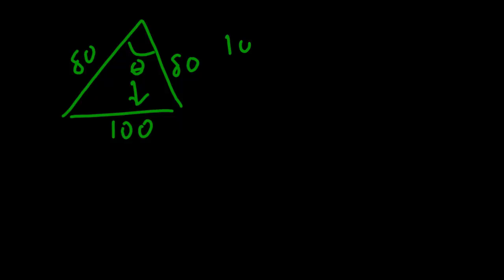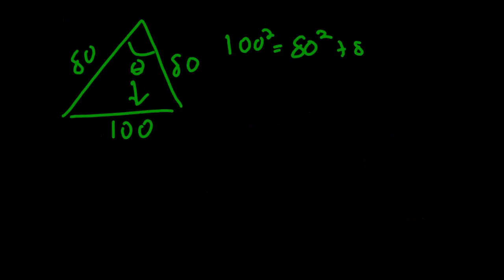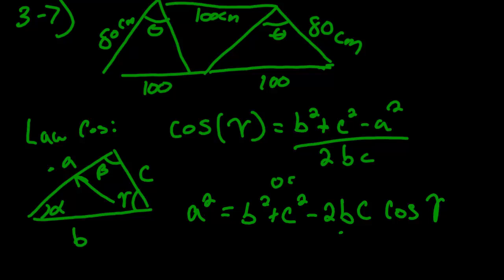So we could write this as 100 squared equal to 80 squared plus 80 squared minus 2 times 80 squared, because it's 2bc, but b and c are both 80.